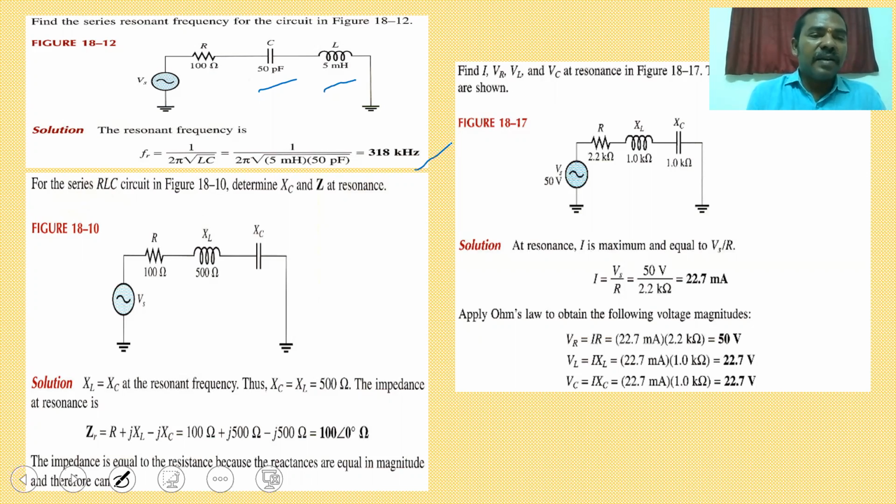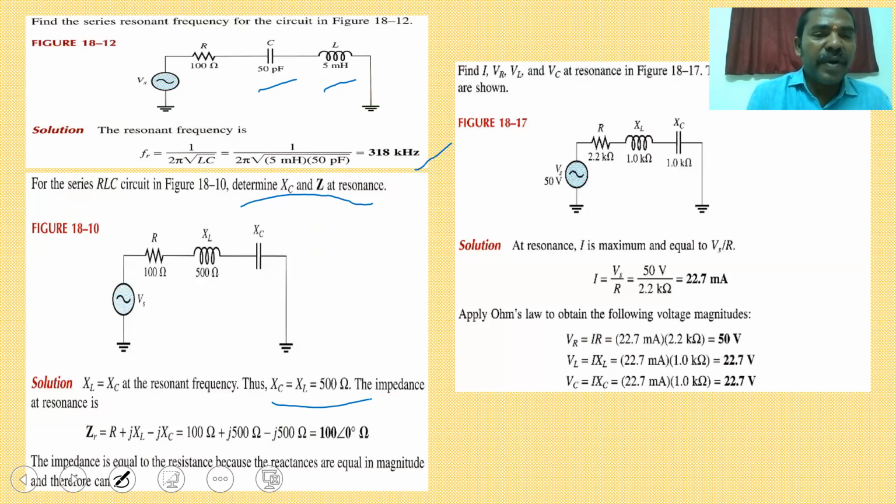Then coming to the second problem, you have to calculate Xc and Z at the resonating condition. Here RLC is given with a supply voltage of Vs. Under resonance the XL value must be equal to Xc. So that means the Xc value is equal to 500 ohms.